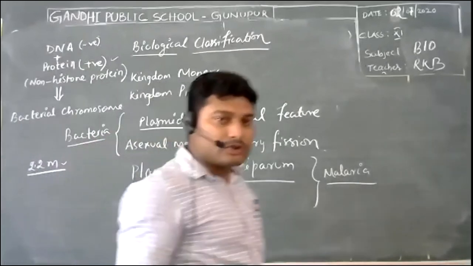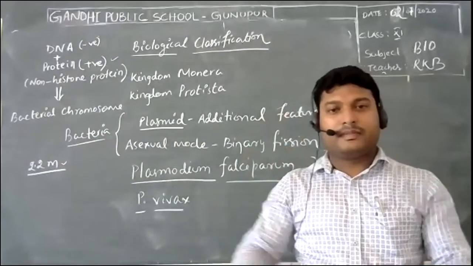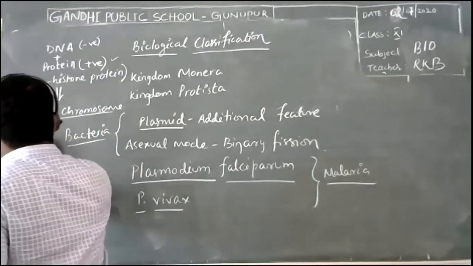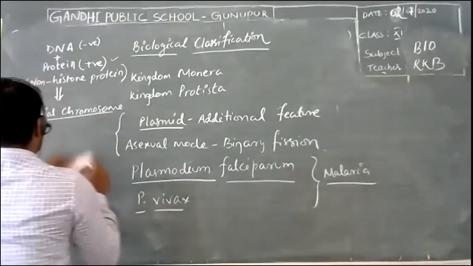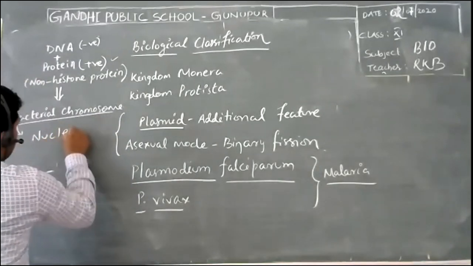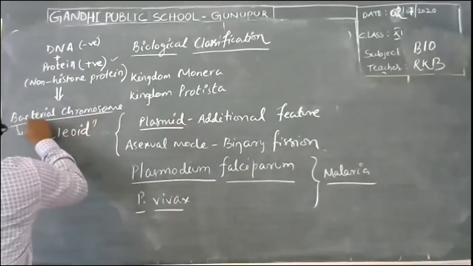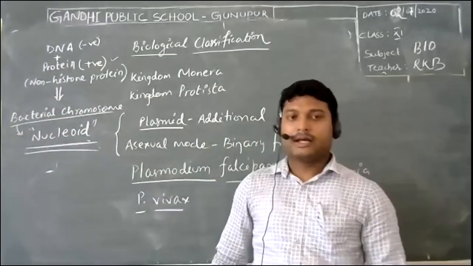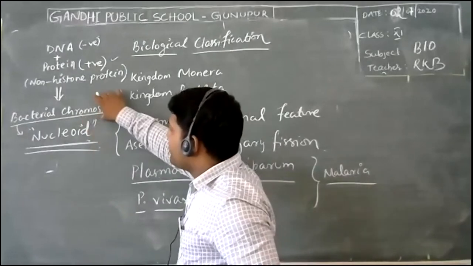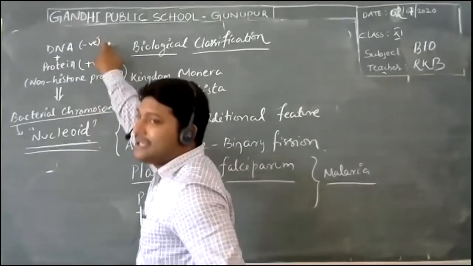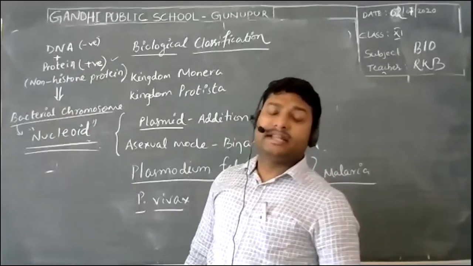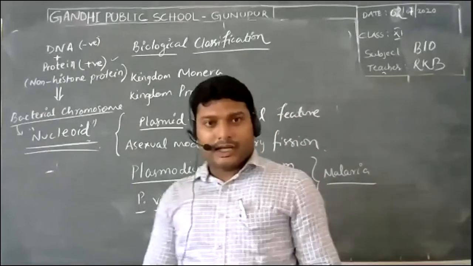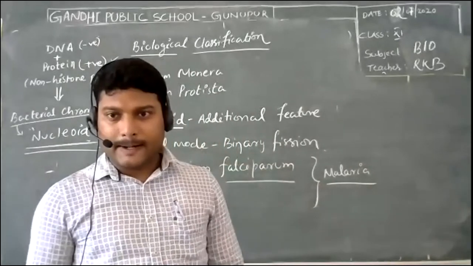This bacterial chromosome is the main chromosome present in the nucleoid region. They are organized into that particular region. Clear? So here we have the nucleoid region with the bacterial chromosome, which is made up of DNA and proteins. The DNA is negatively charged and the proteins are positively charged. Is that what you were asking?